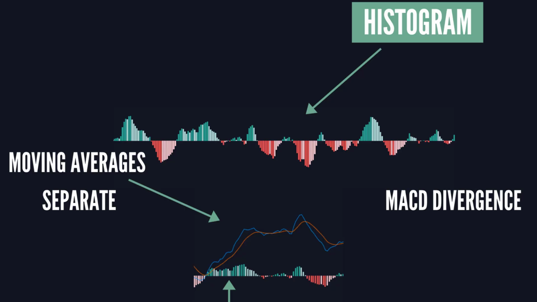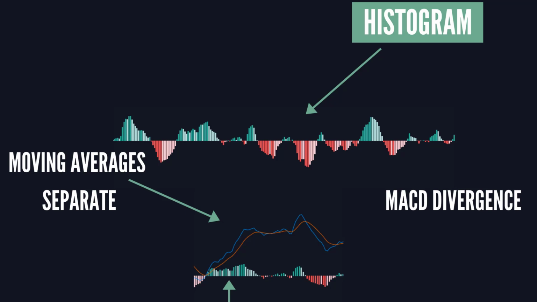This is plotted by vertical lines called a histogram, the green lines in the chart above, as you can see here. The histogram simply plots the difference between the fast and slow moving average. It may sometimes give you an early sign that a crossover is about to happen. So if you look at our original chart, you can see that as the two moving averages separate, the histogram gets bigger, alright?